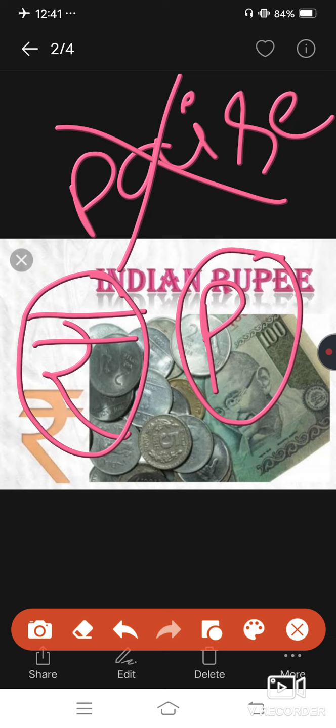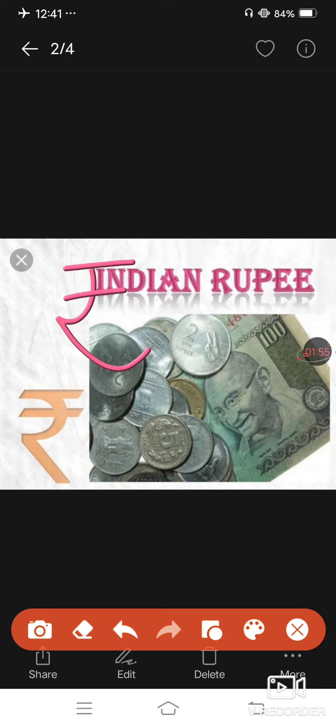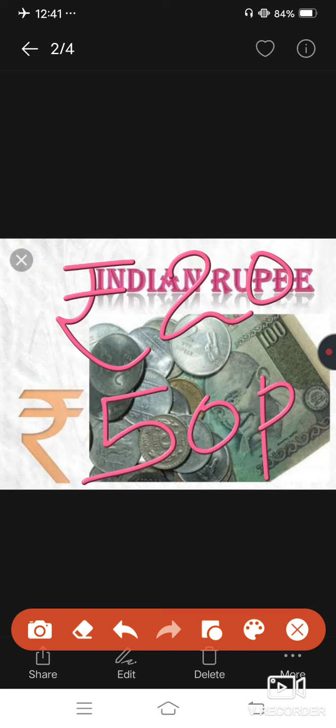Example, if we have to write rupees 20, then we are going to write like this. And paise, that means 50p. Clear? Okay.